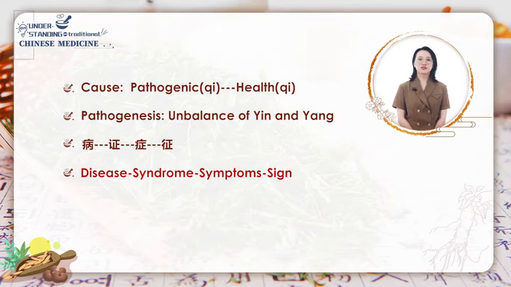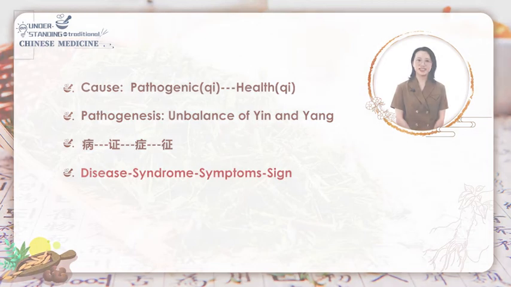This gives rise to the phrase, same disease, different syndrome. The related phrase, same syndrome, different diseases, refers to the fact that the same syndrome may be seen in different diseases. Syndrome differentiation is the most difficult part of the diagnostics of TCM.